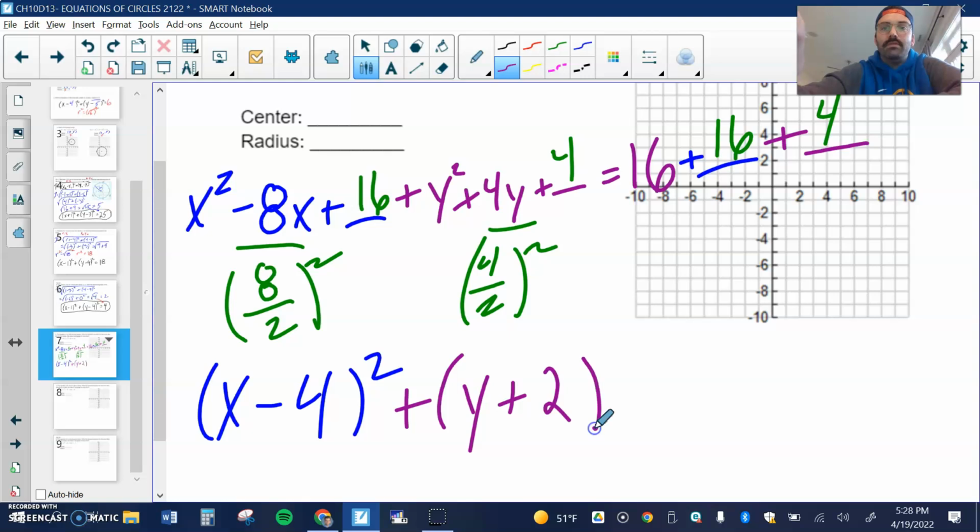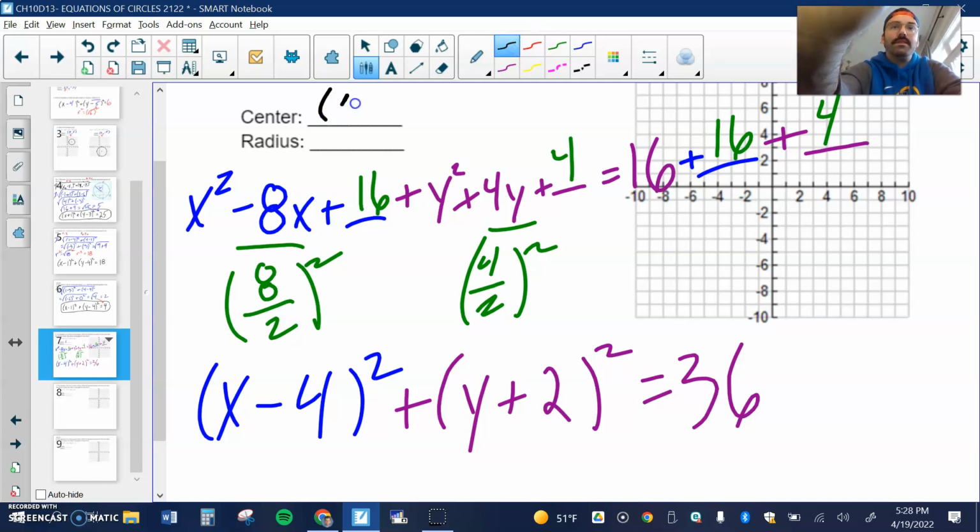Well, it was 2. Squared equals 16 plus 16 is what? 32. 32 plus 4, 36. And now we can identify our center, which is 4 comma negative 2, and our radius of 6. Let's not graph it. My graph got covered, and I think that was tough enough. The graph part is probably not the hardest part.